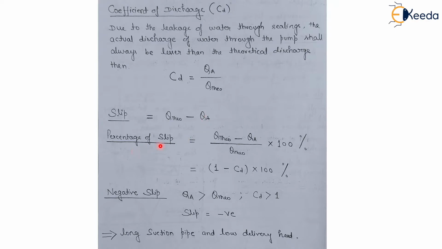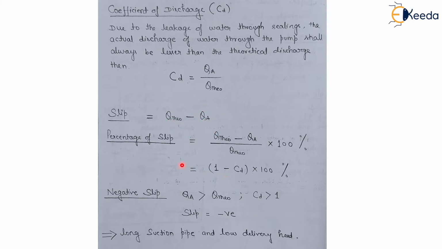And what is the percentage of slip? That will be (Q theoretical minus Q actual) by Q theoretical into 100. This will be the percentage of slip. We can also write it like this: (1 minus Cd) into 100. What is the negative slip? Negative slip will occur if the actual discharge is more than the theoretical discharge.